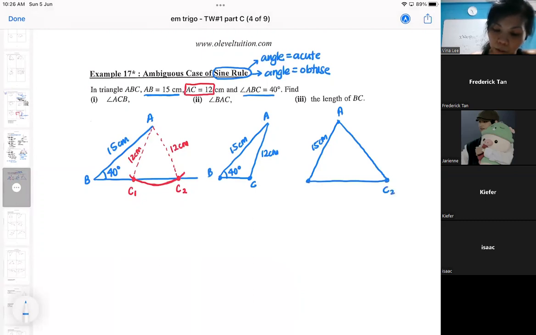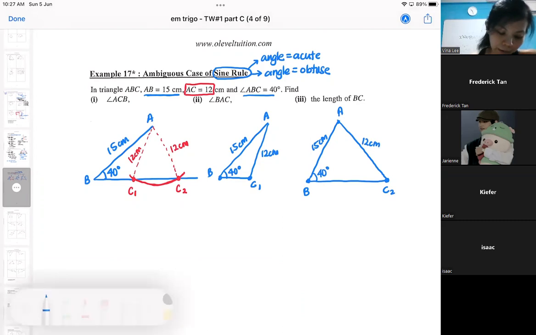So this is the C2 here, and this is the C1 here. The red color one is the compass construction. If you do the compass construction, it may cut two possible positions for C. The dimension is exactly the same.